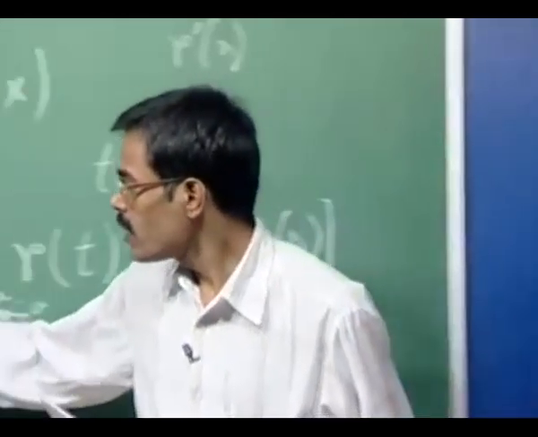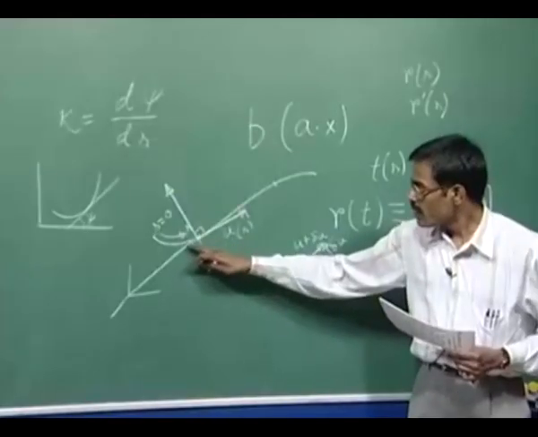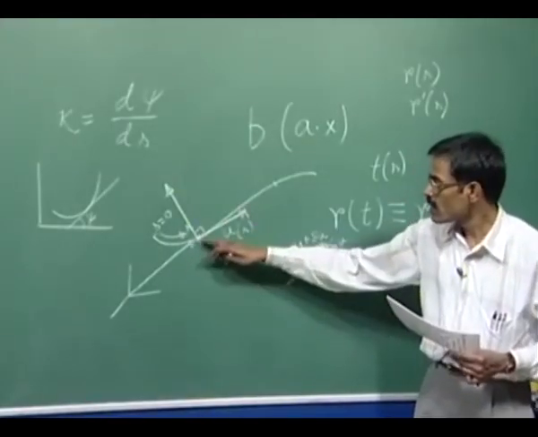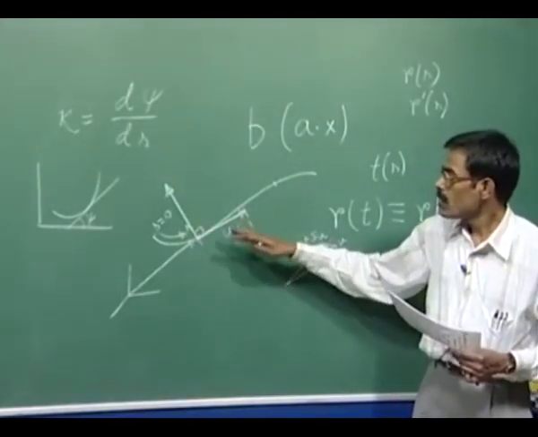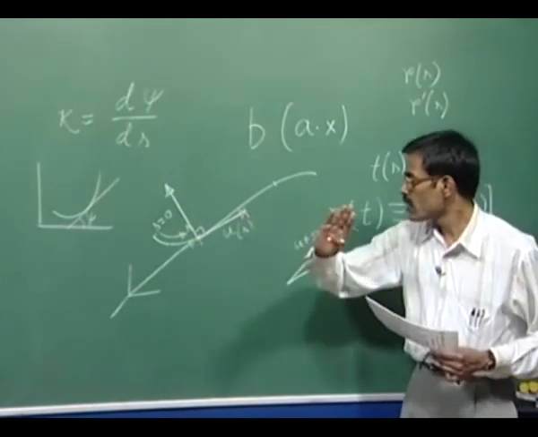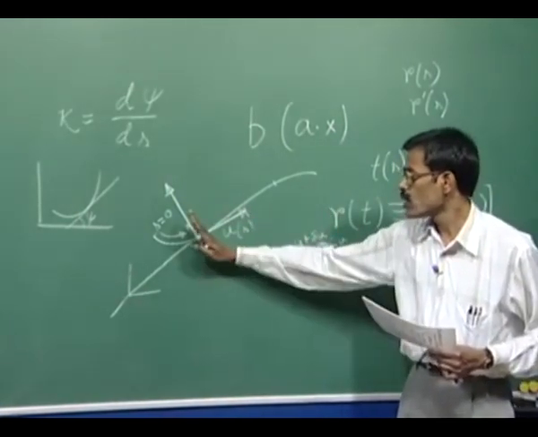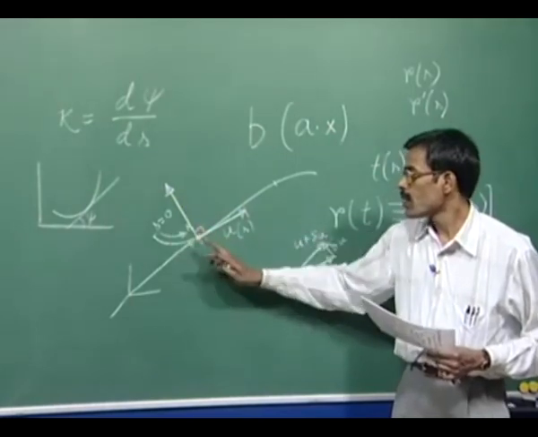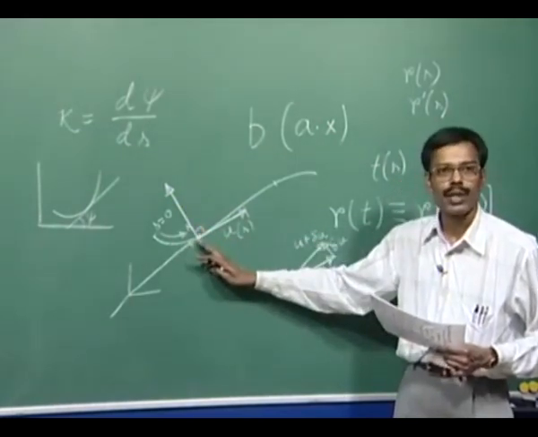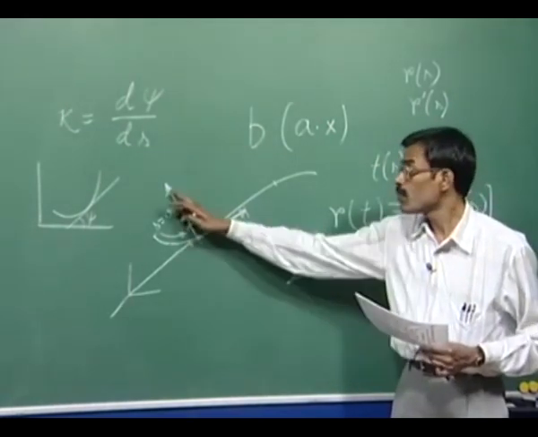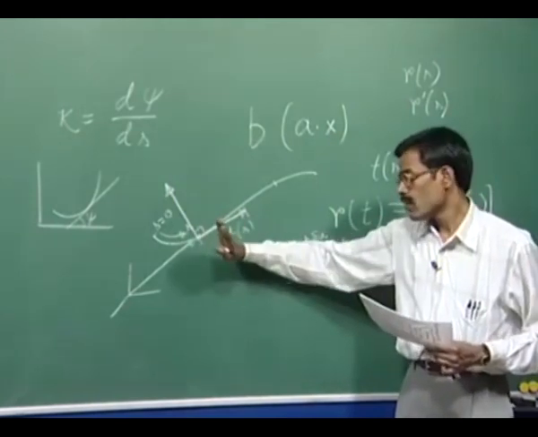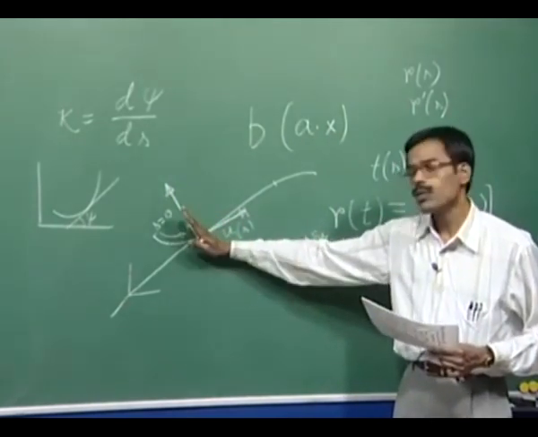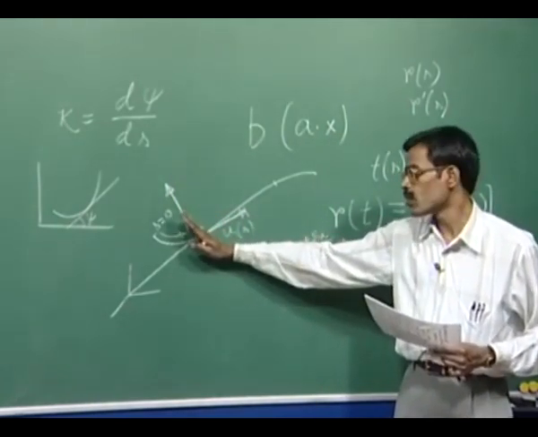Because at this point, if this direction gives us the tangent, then perpendicular to this line at this point we can actually draw a plane, and every vector in that plane passing through this point is actually a normal, and this is the principal normal. Other vectors in this plane are also normals, but they are not the principal normals.